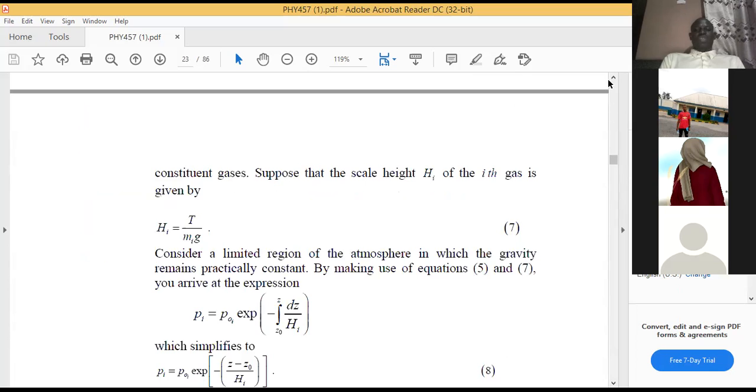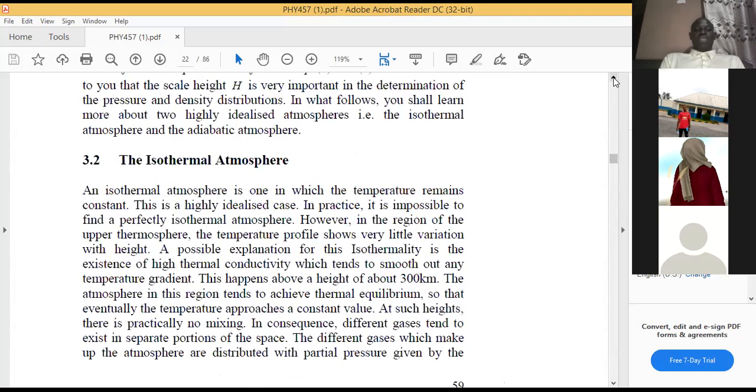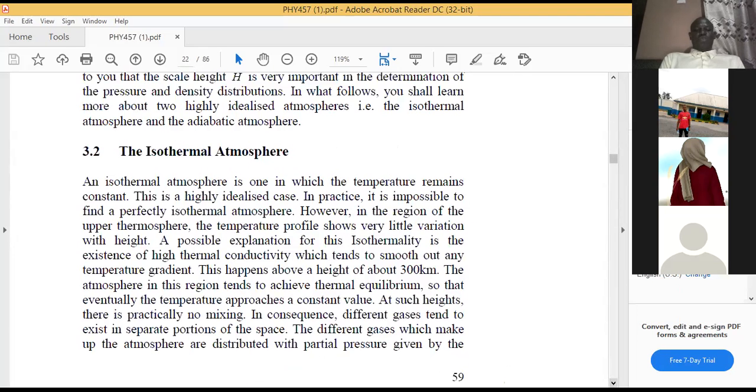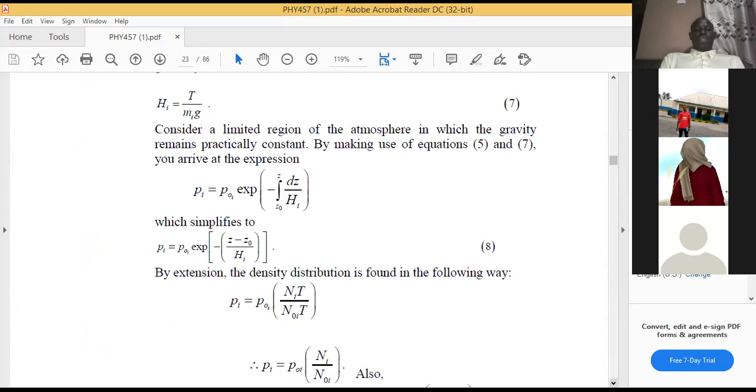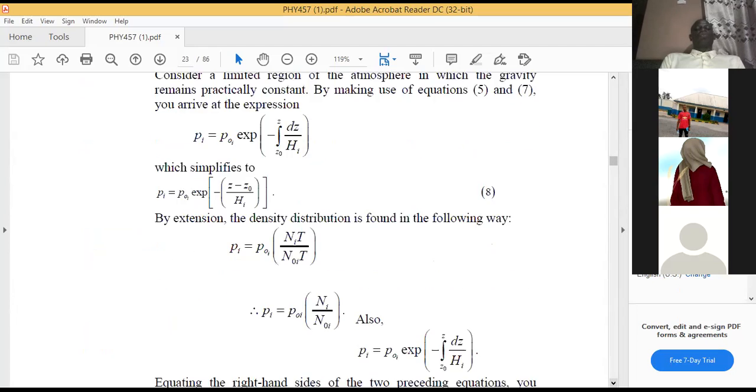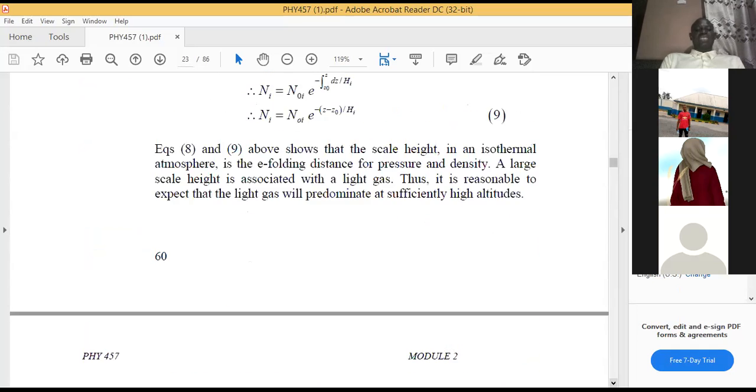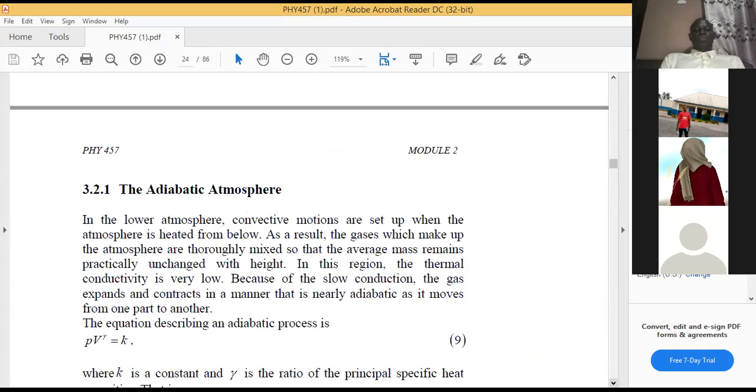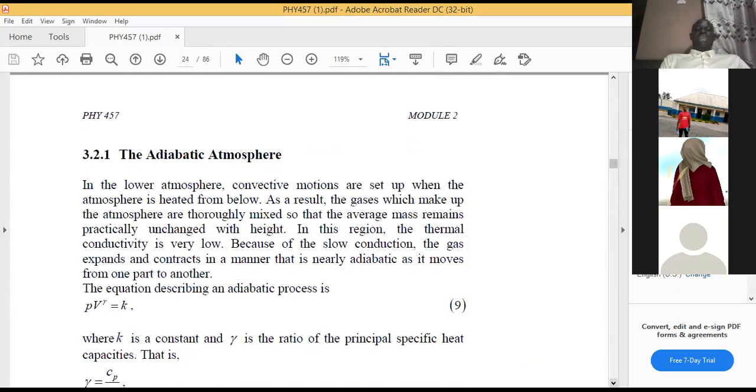The isothermal atmosphere as well has some equations which you have to go through. If you go and you don't seem to understand, you need to come back to class. We have talked about the isothermal atmosphere. There's also the adiabatic atmosphere. So you note that as well.